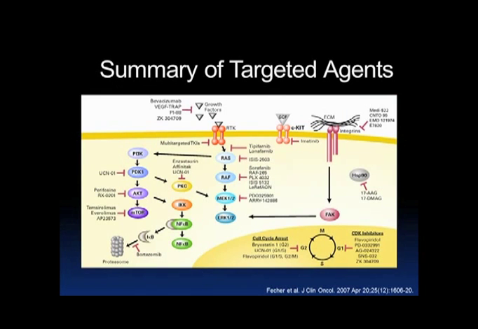Now, as a quick summary, and it's important to note that this slide is from 2007. Okay, so in the past 5-6 years, a lot of things have happened. But in general, what this slide nicely illustrates are the different pathways: the MAP kinase pathway, the PI3 kinase pathway, and the cell cycle, and all the compounds that in 2007 were actually part of investigation and clinical trials.